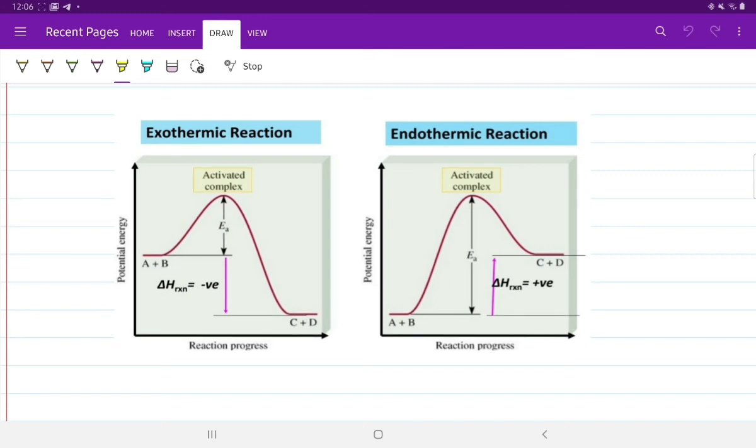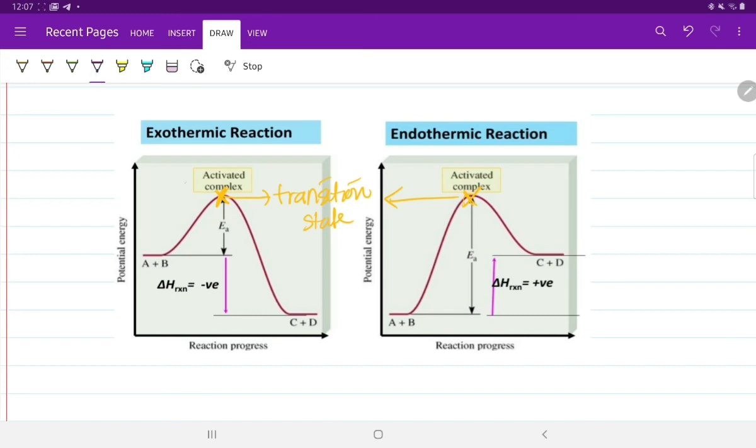So where is the transition state? The transition state is the highest peak in the curve of the energy profile diagram. So these are the transition states. Label here transition state, at the highest peak.